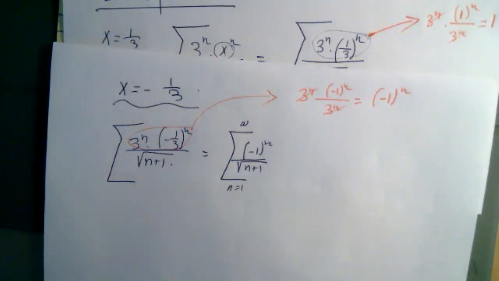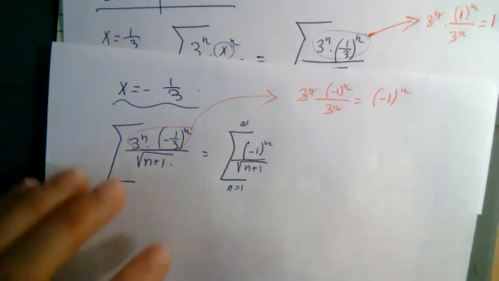Does the series converge or diverge? What do you see when you see the series? I'll give you a minute to answer the question. Okay, converge or diverge? I have one answer.